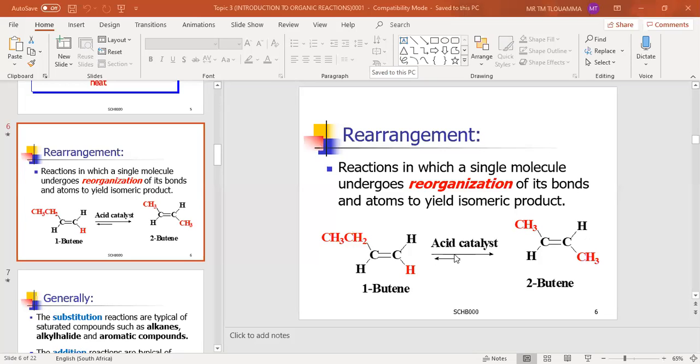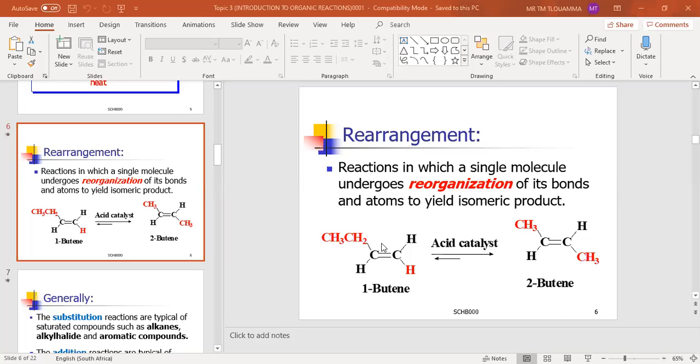The reaction undergoes under the aid of the acid catalyst. And then the IUPAC name of this is 1-butene. And then when it comes here, it's going to change. Can you see it here?